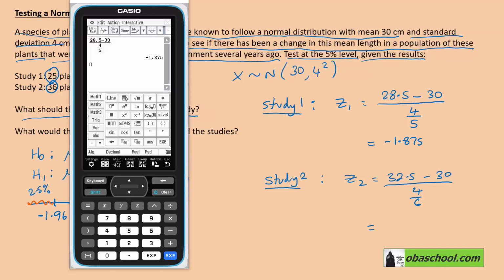And for the other one, we've got 32.5 take away 30, over 4 over 6, and that gives me 3.75.